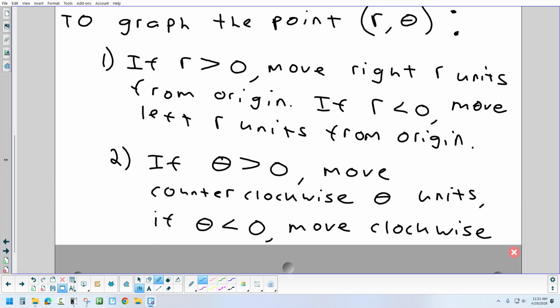If your angle is positive, you're going to rotate counterclockwise. If your angle is negative, you're going to rotate clockwise. And that's pretty much the two steps to graphing a point in polar. You move left or right, and then you do an amount of rotation.